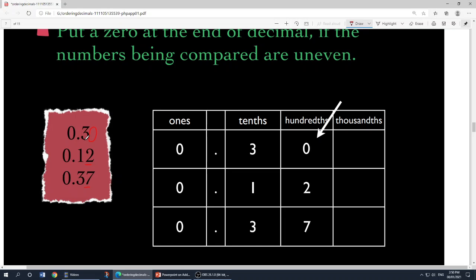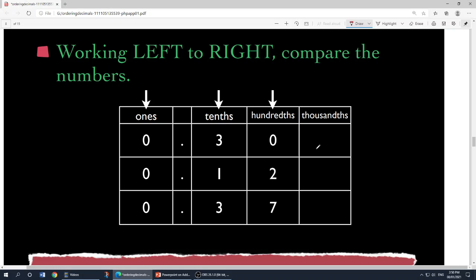You don't have to do that, but it's helpful for thinking about the numbers, okay? So next, working from left, so the ones in this case, but it could be tens, hundredths, thousandths, thousands, millions. Working from left to right, we compare.